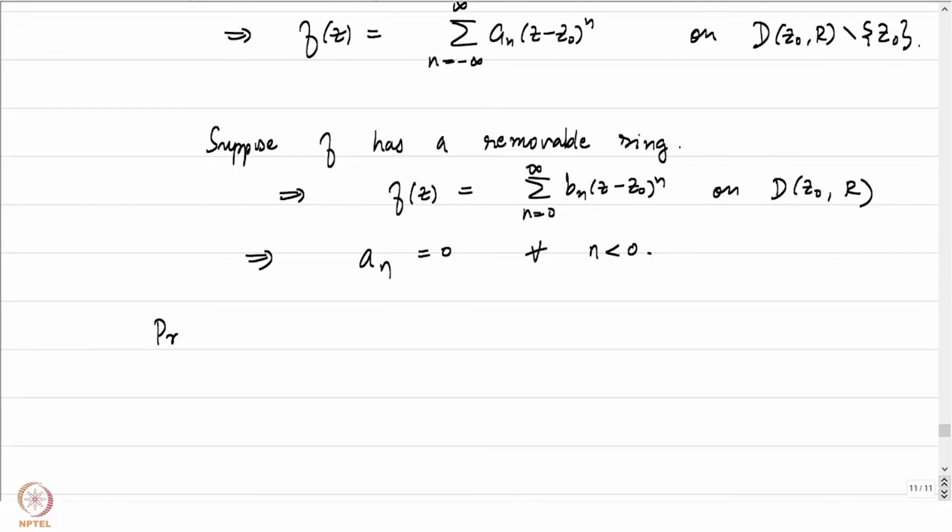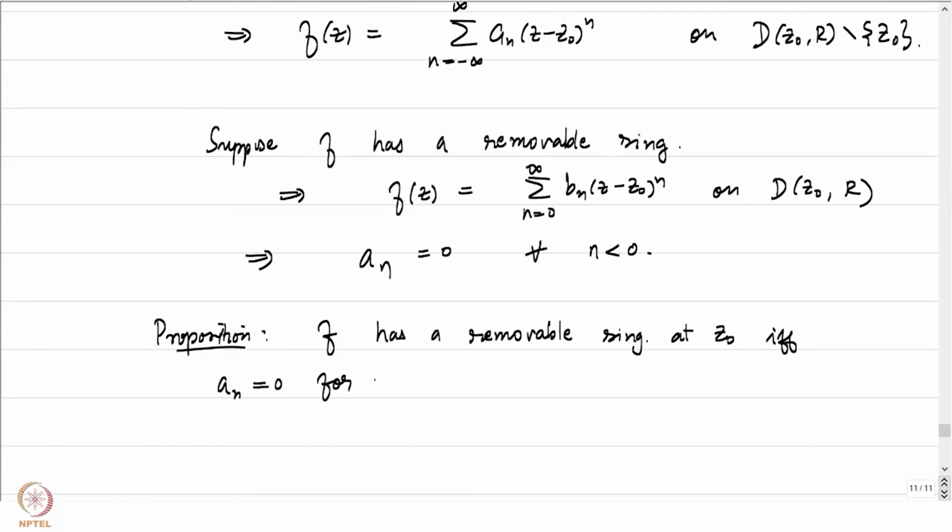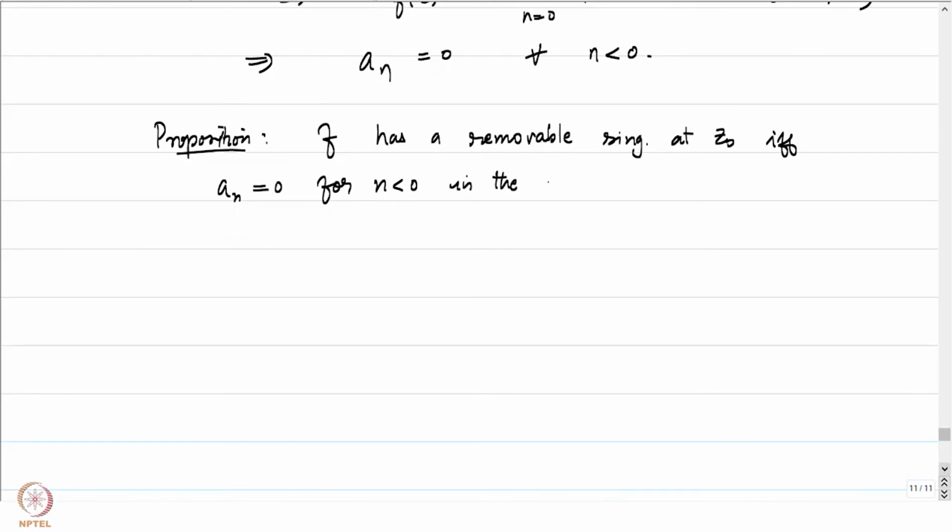So, maybe a proposition would be to conclude that f has a removable singularity at z0 if and only if a_n is equal to 0 for all n less than 0 in the Laurent series expansion of f around z0. This is an if and only if statement.